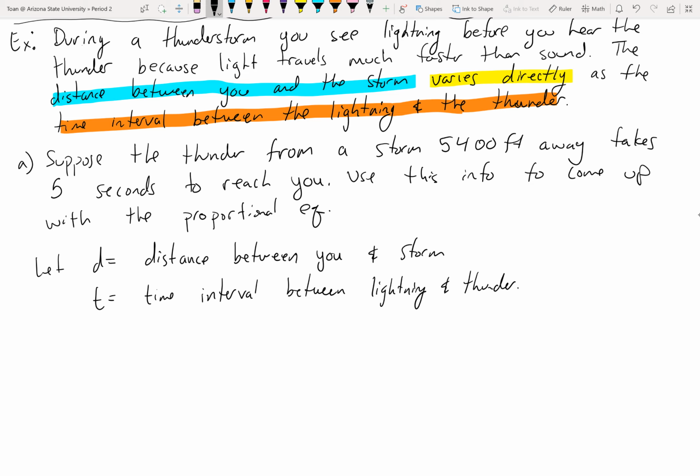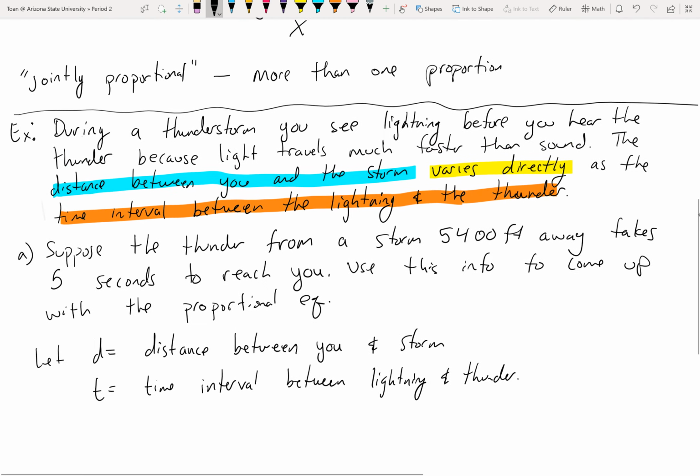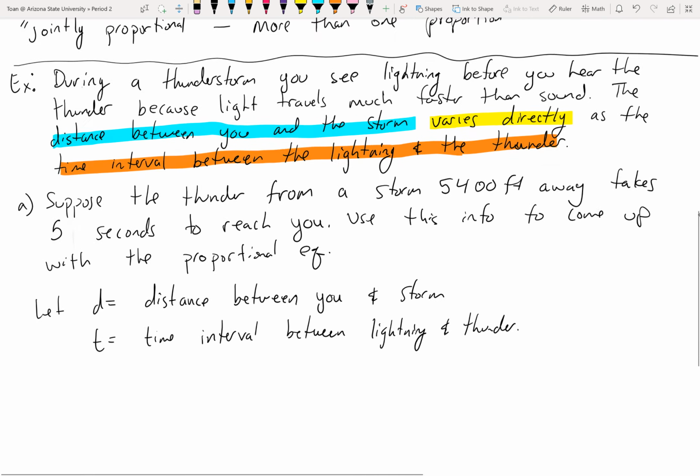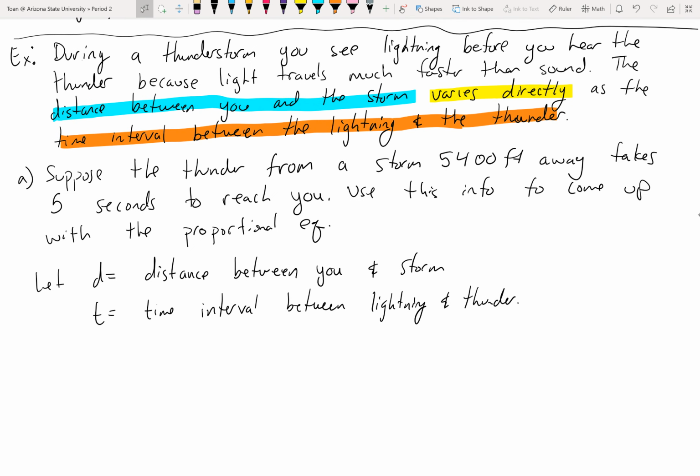So once you have your variables defined, we can finally write the equation. Now remember these rules here. That's how you set up these problems. Anything that's varying directly will go in the numerator. Anything that's varying inversely will go in the denominator. So this problem says the blue varies directly with the orange.